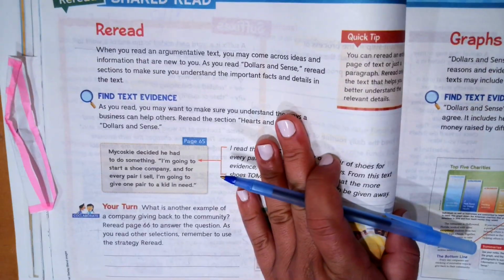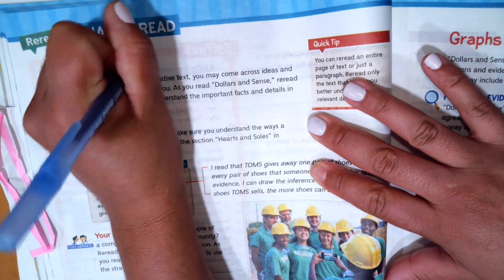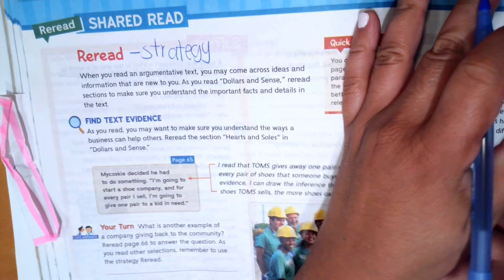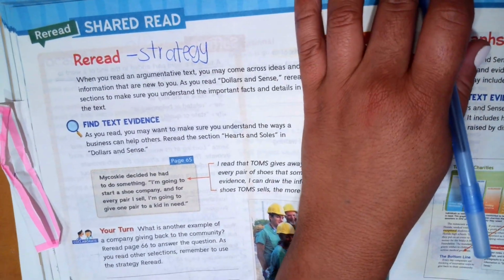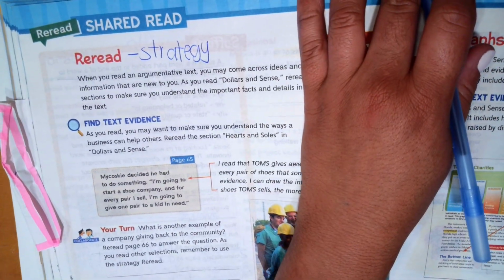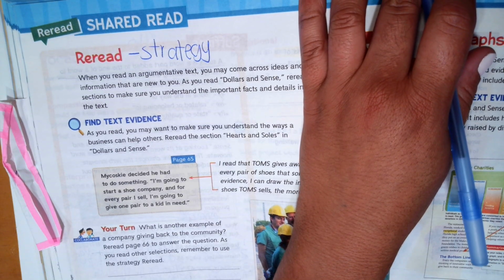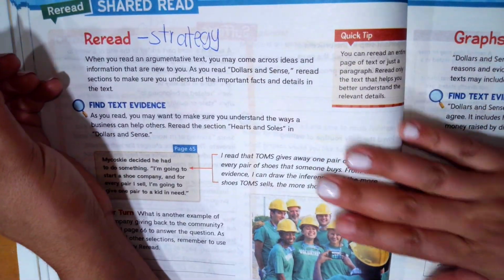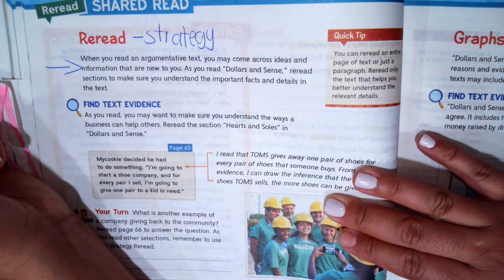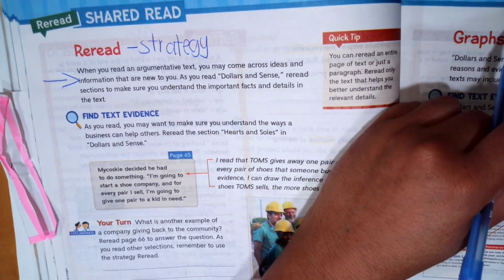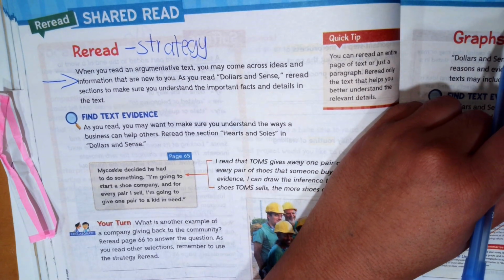So I want you to put here, reread is a strategy. This is something that we are doing when the question sends us back to the paragraph, or as we are reading, we're not understanding a detail from what we are reading. So let's go ahead and read this part and the quick tip. When you read an argumentative text, you may come across ideas and information that are new to you.